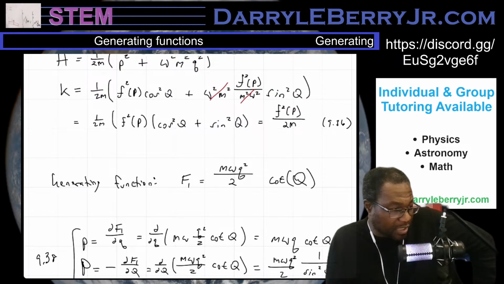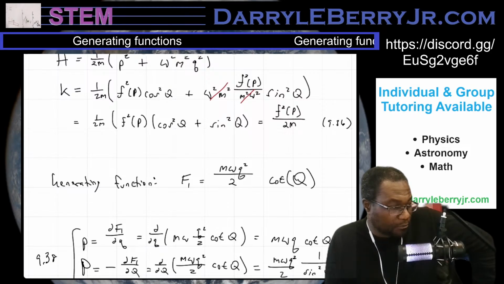It is seen from equation 9.41 that P is in fact equal to the constant energy divided by omega. The equation of motion for Q reduces to the simplest form.